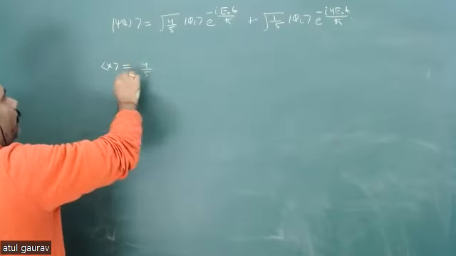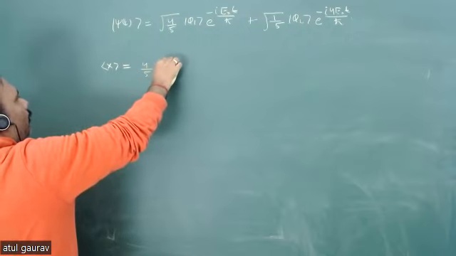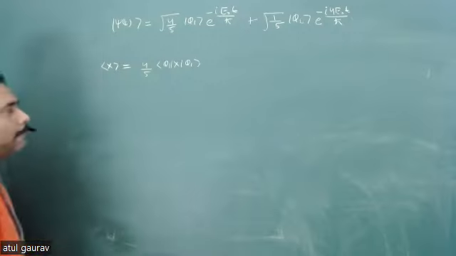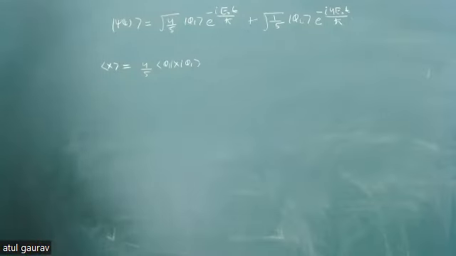4 upon 5 phi 1 x phi 1 होगा ना? यस या नो?